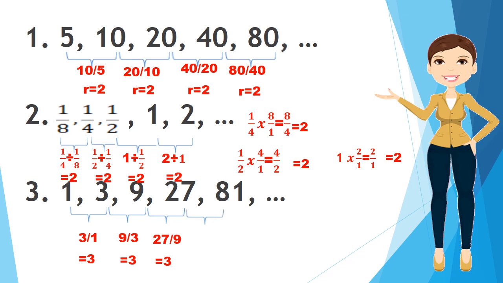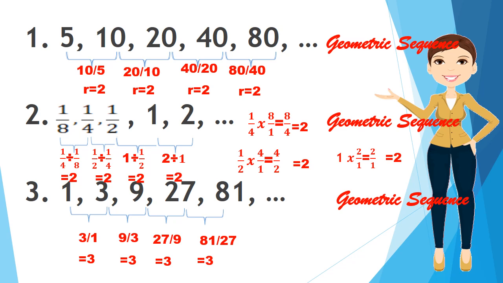Getting the ratio of 27 and 9, we got 3. Ratio of 81 and 27, you also got 3. That's correct. So as you can see, the common ratio is 3. And we can obtain the next term by multiplying the preceding term by 3. Okay? So see, we have proved that those 3 patterns illustrate the geometric sequence. Any question?